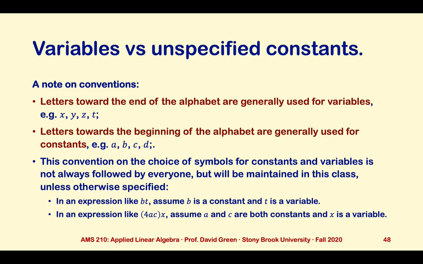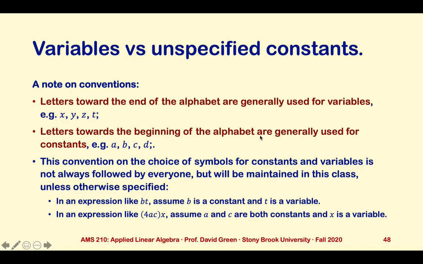A brief note on conventions. Very commonly, variables are represented by letters towards the end of the alphabet. X, Y, Z, often T if the variable happens to be time, and in some other instances.